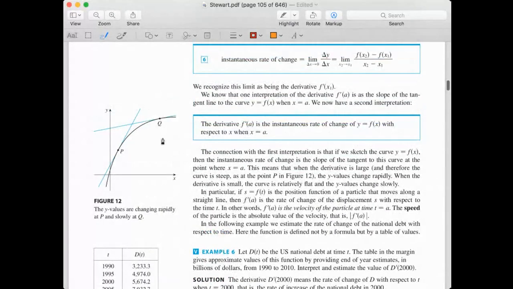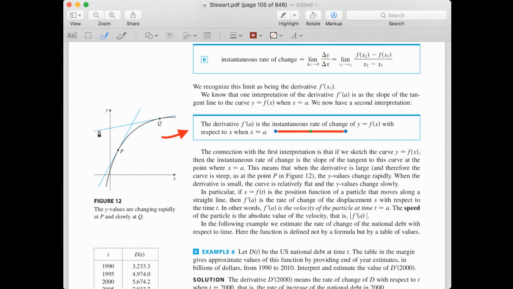Okay, this is an important point. We're talking about rate of change, but more importantly, there's another word: instantaneous. Instantaneous rate of change. That's the marvelous function of calculus, right? At any point, the rate of change at any point for a nonlinear function.